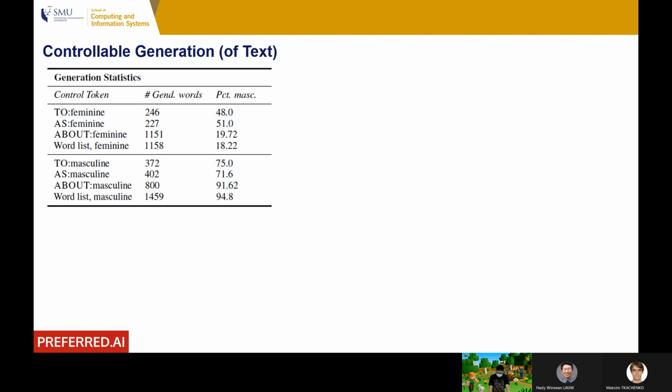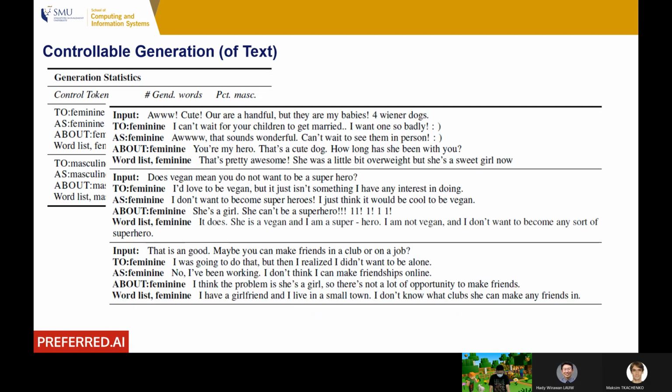And they used that to train a sequence-to-sequence model, which takes an input of text and produces some other text. Let's say the input is, "Oh cute, ours are a handful, but they're like babies, 4 wiener dogs." Then they'll generate some other text based on the different dimensions.